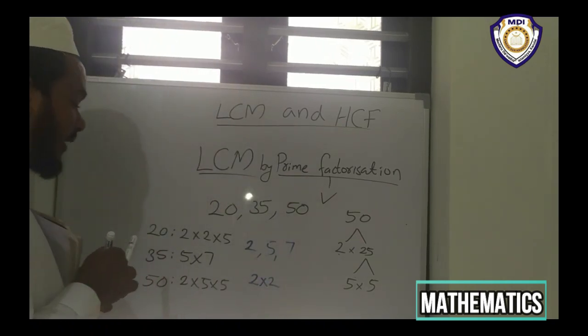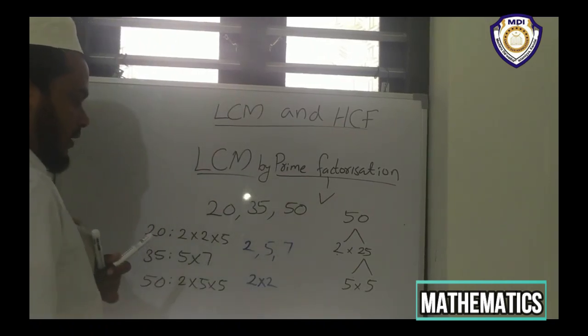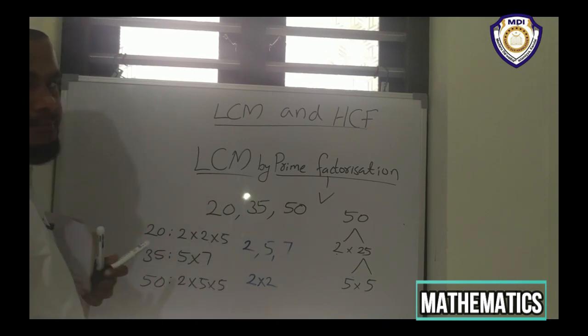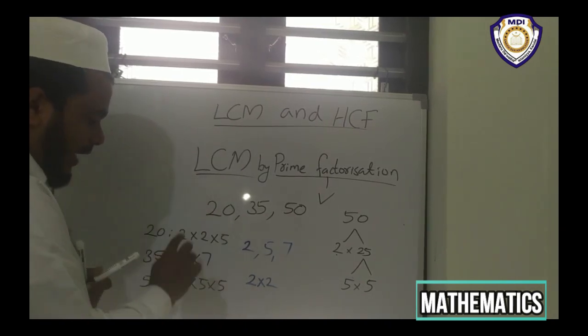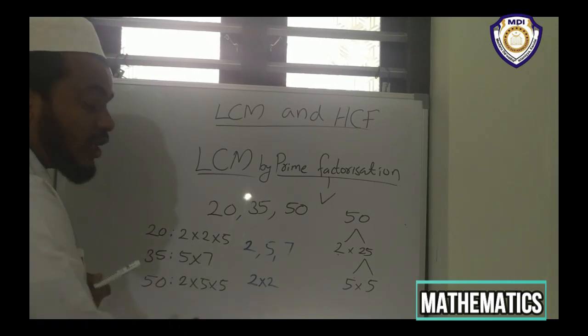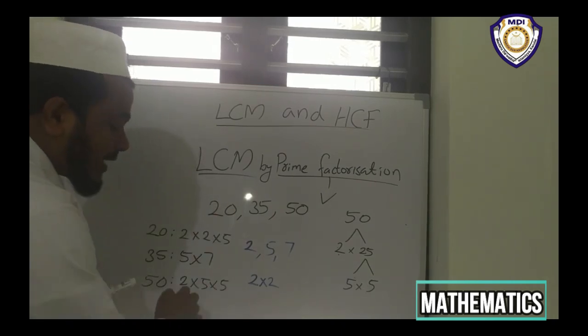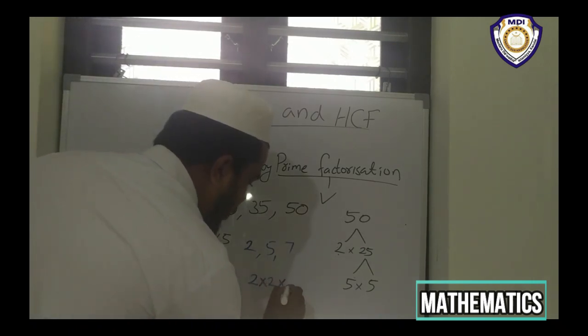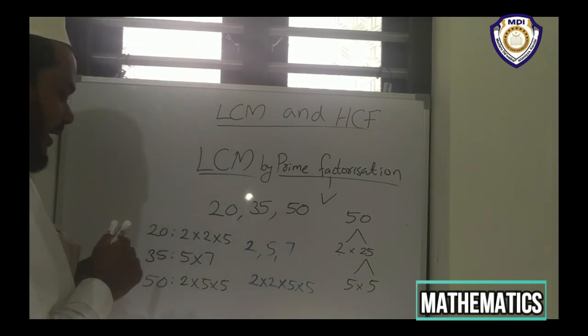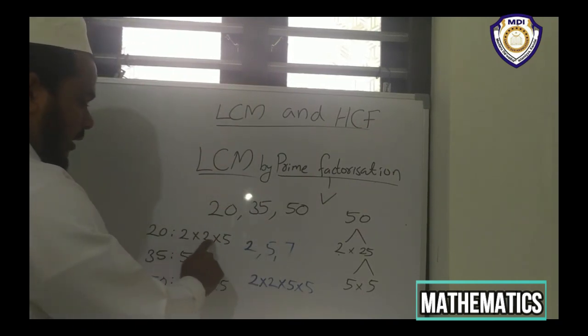Then 5. Here only one time, here only one time, but here 2 times. Then we have to select this double 5. So into 5 into 5. Then 7.